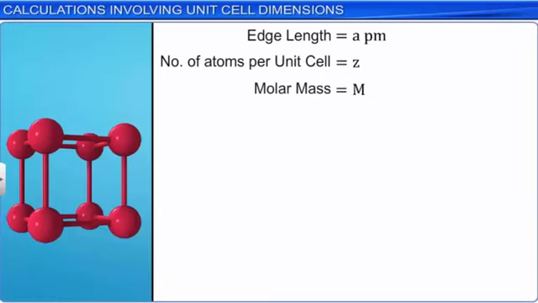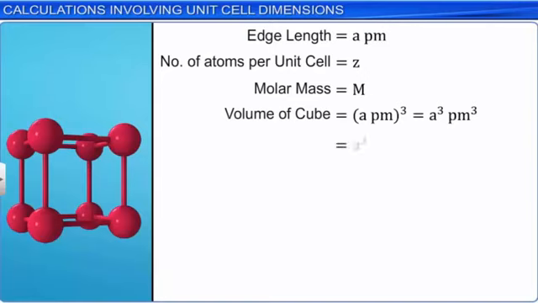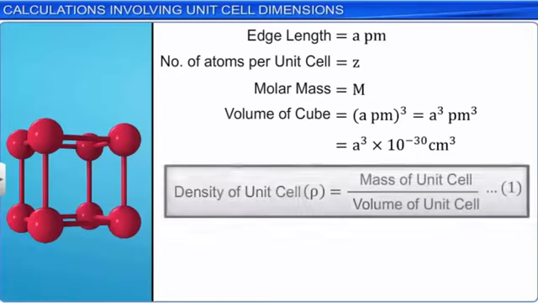The volume of a cube is equal to a cube picometer cube, which is equal to a cube into 10 to the power minus 30 centimeter cube. You already know that density of a unit cell, ρ, is equal to mass of the unit cell divided by volume of the unit cell. Let this be equation 1.